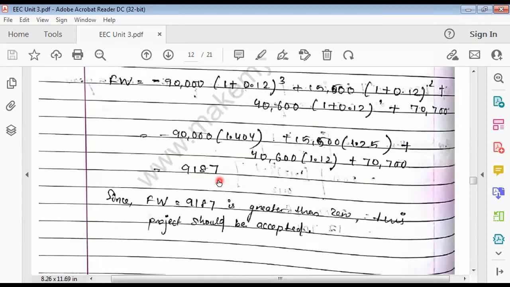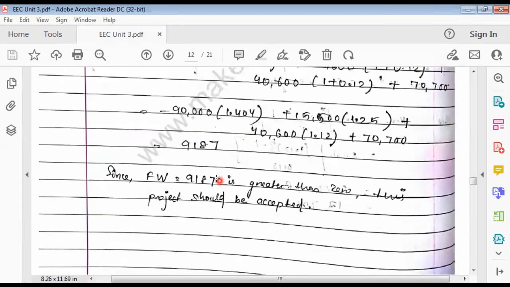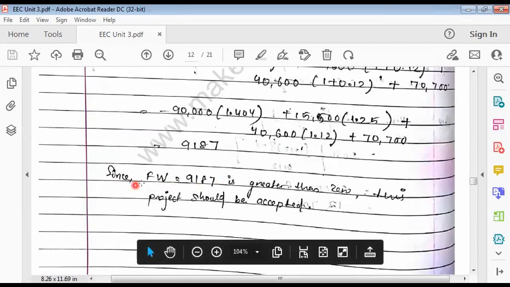So that is why the decision rule says if it is positive, that can be accepted. So always write your conclusion this way: since FW is equal to 9180, which is greater than 0, this project should be accepted.